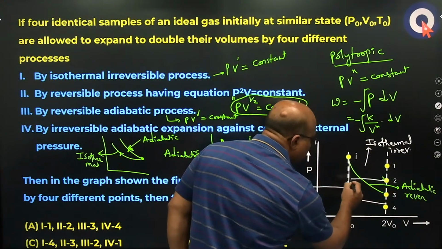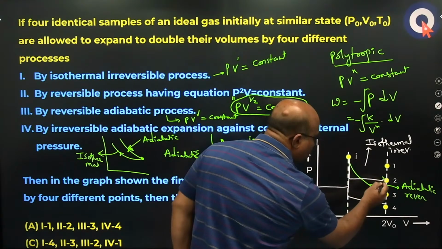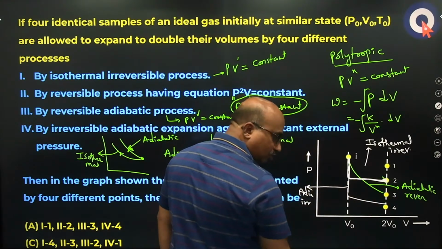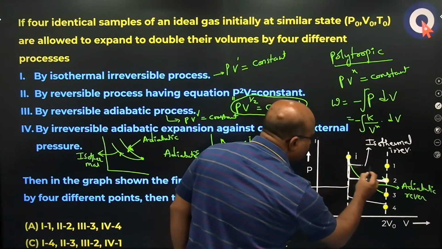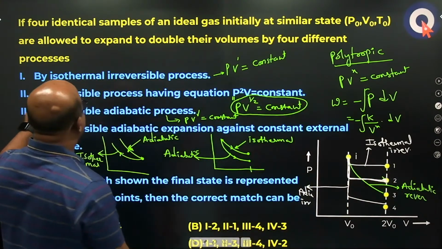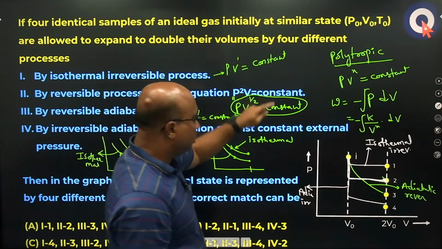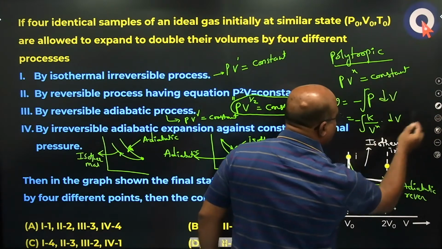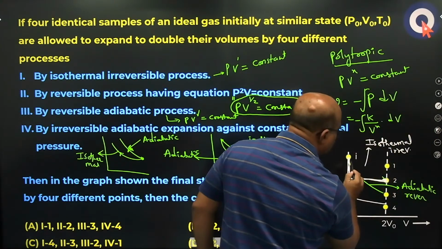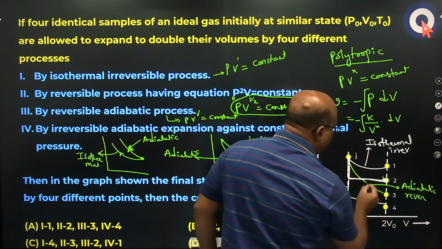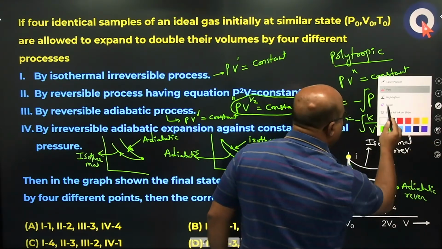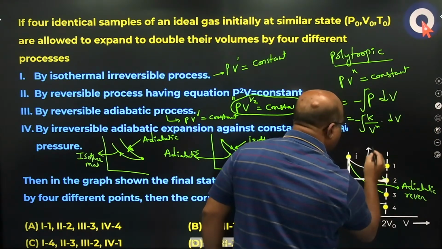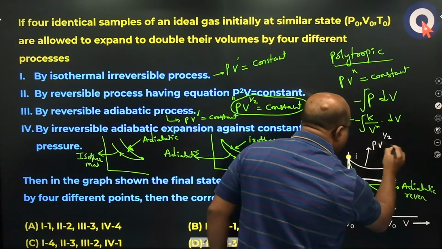So 1 to 2 is isothermal irreversible. The reversible process has this equation. Your graph for a reversible process has slow changes, so you can define this graph like this. For this graph, what we say is P into V to the power of 1 by 2 is constant.